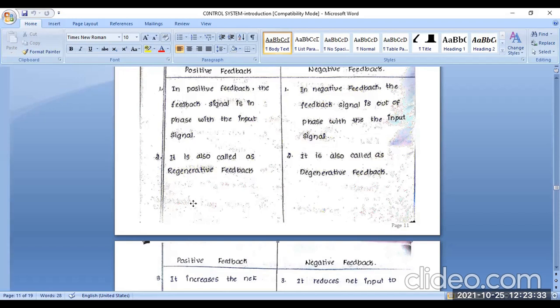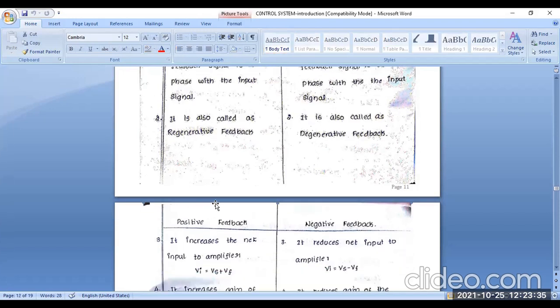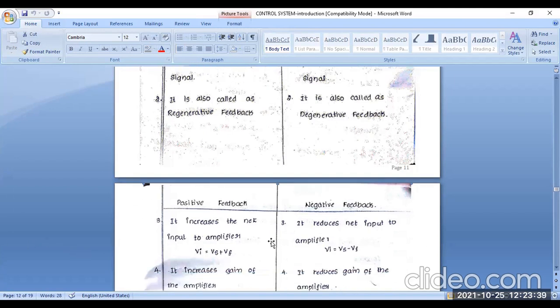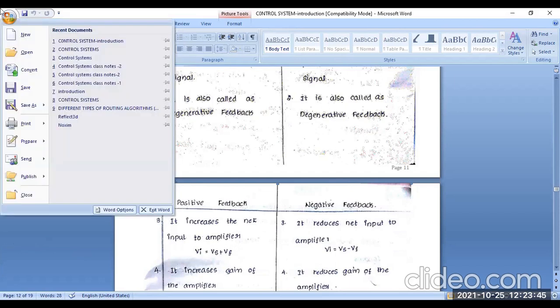In the positive feedback system, we increase the net input of the amplifier signal.